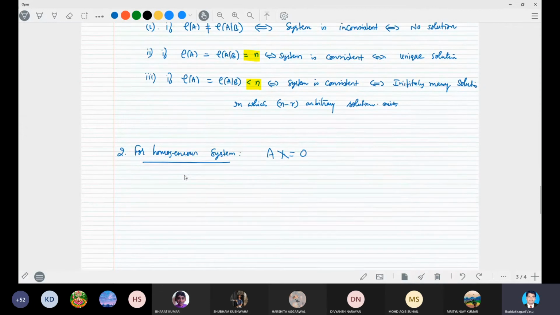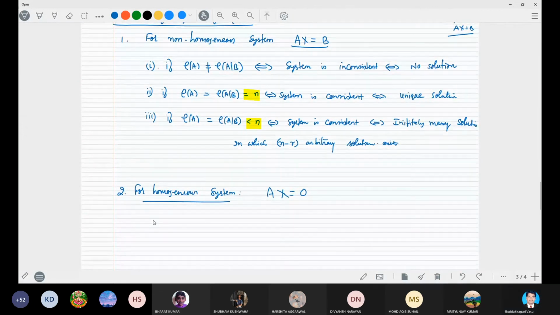So the rank of A is always equal to rank of AB, because the augmented matrix has an additional zero column, which does not affect the rank of the matrix. Here the only point is whether the rank is equal to n or less than n.